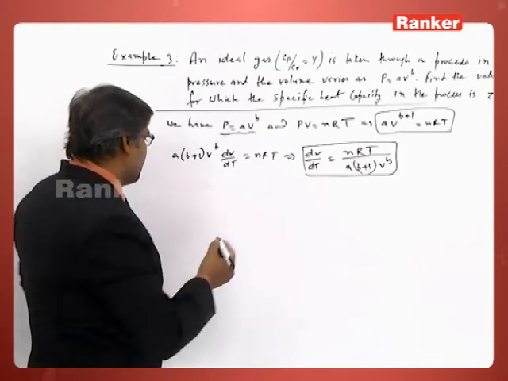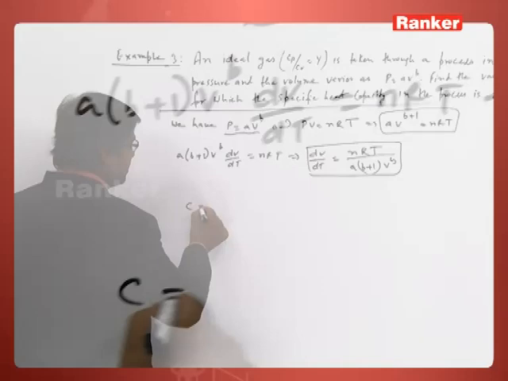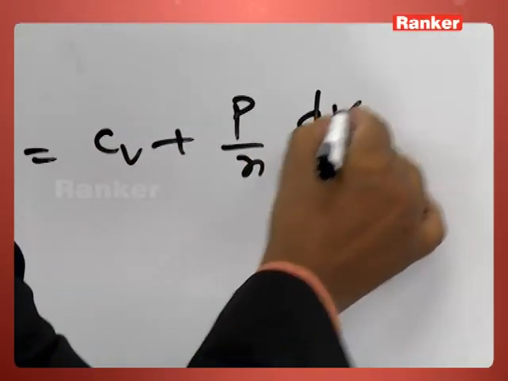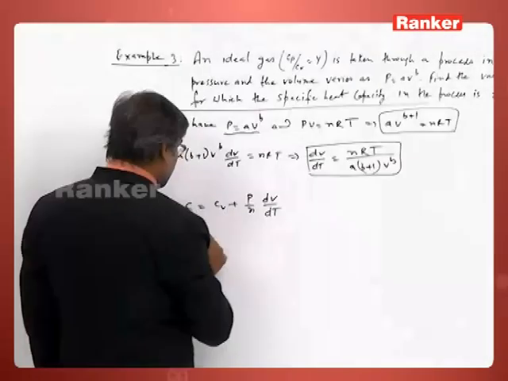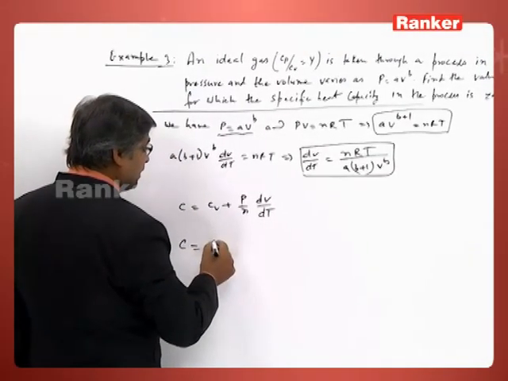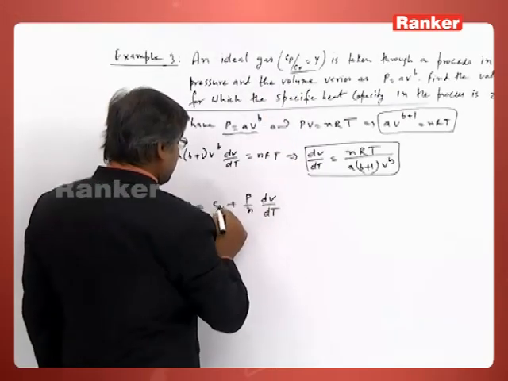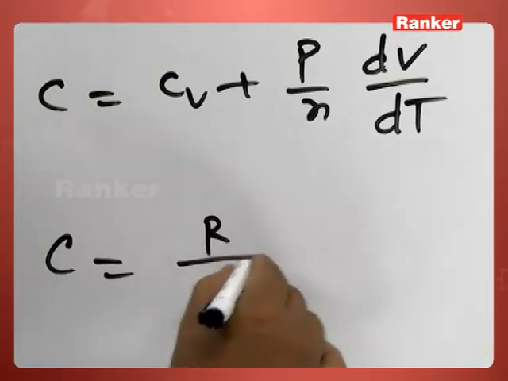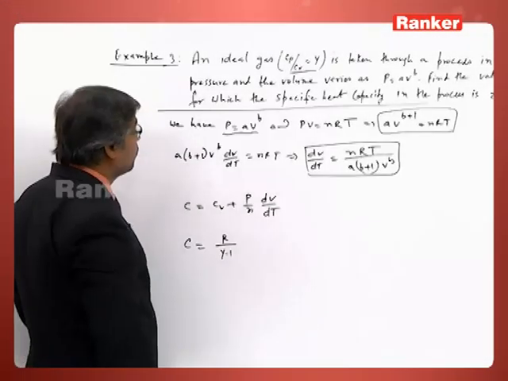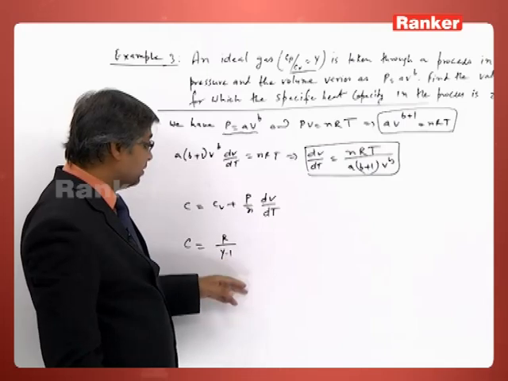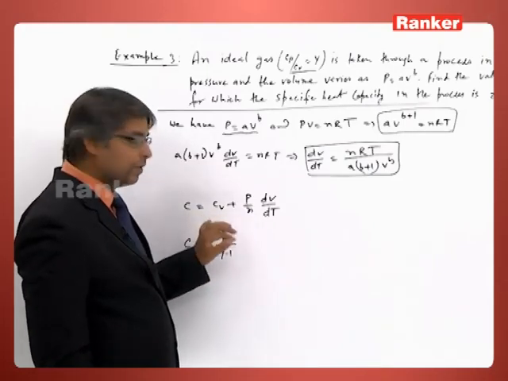Now we have the expression C is equal to CV plus P by n dV by dT for a general process. CV is R by gamma minus 1 for an ideal gas. This is a general expression, and we will prove it later on.